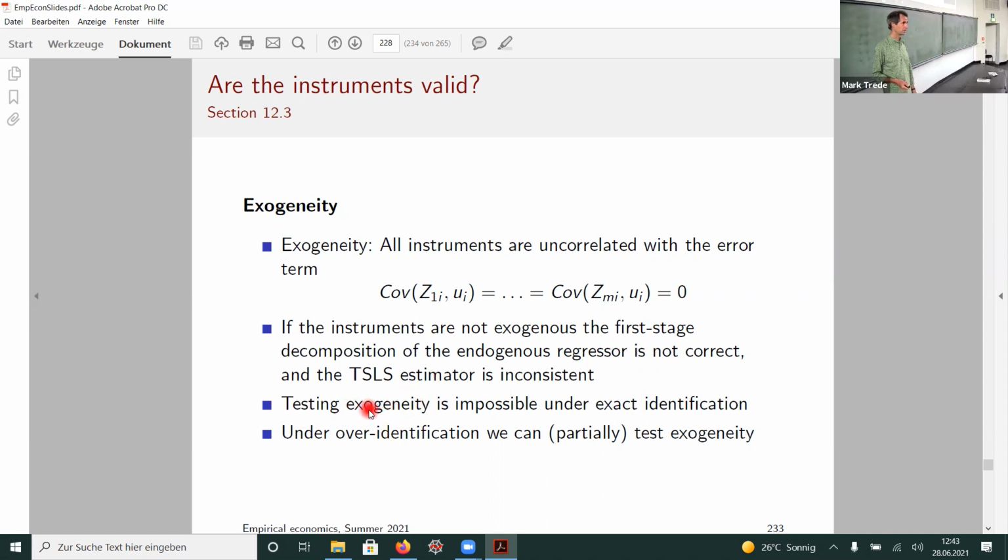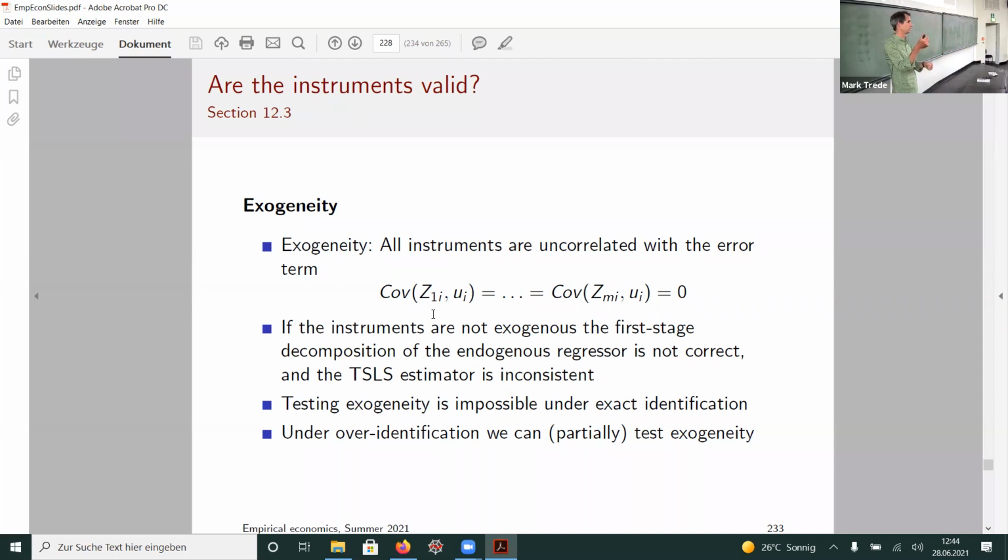In particular, one idea might be to check whether the empirical covariance between the instruments and the residuals is non-zero. So the theoretical covariance is the covariance between the instruments and the error terms.